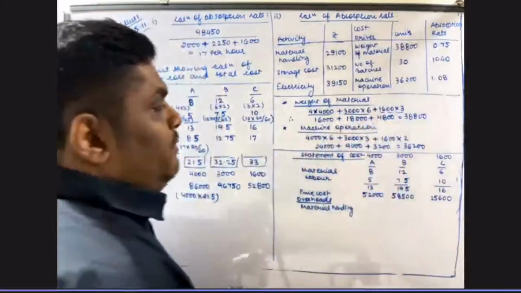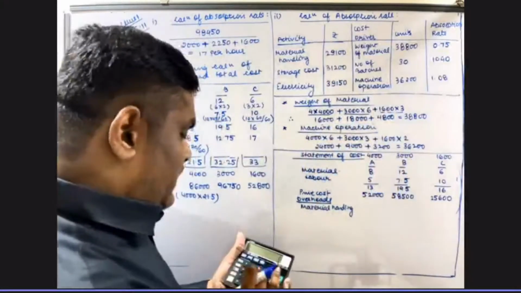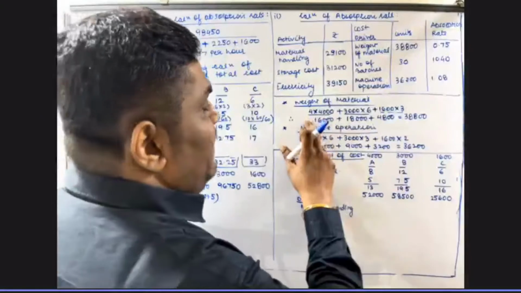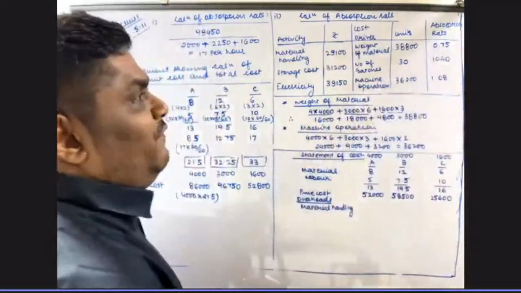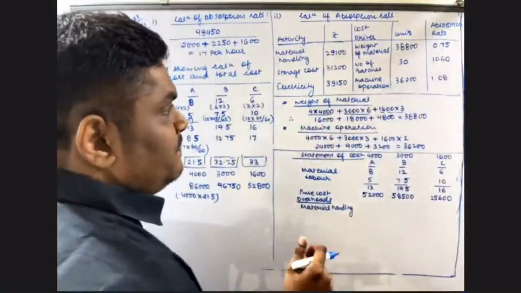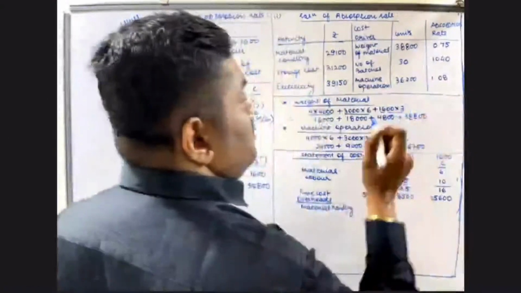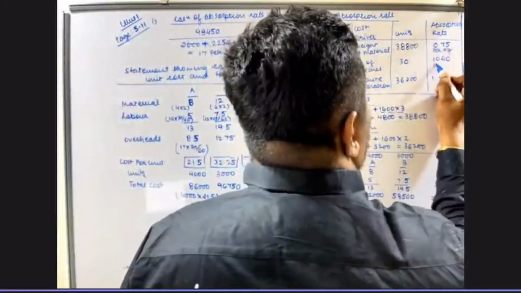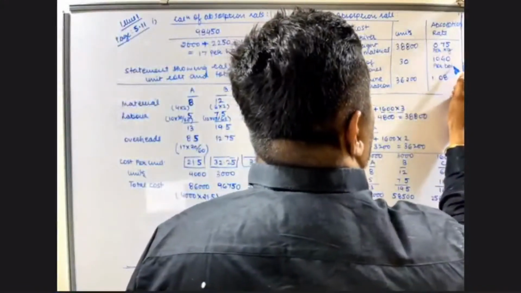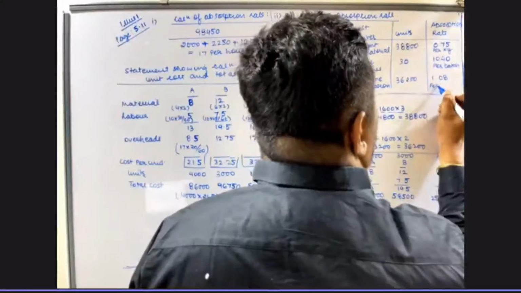So when talking about material handling, 16,000 is the total weight of material for A, and the absorption rate is 0.75 per kg. This is per kg rate, per batch rate, and per machine operation rate.